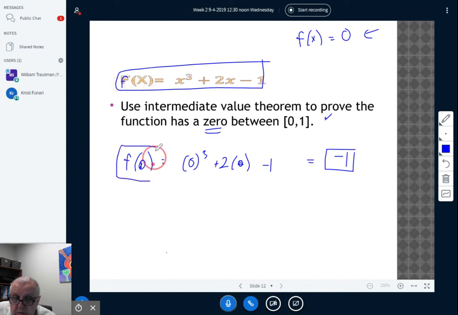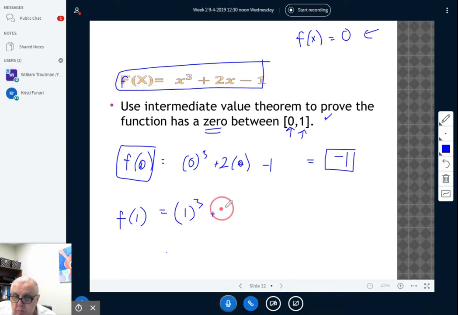So when you plug 0 in the function, you get -1. Next, we're going to plug 1 in. If I plug 1 into the function, 1 to the third plus 2 times 1 minus 1, I get 1 to the third is 1 plus 2, 1 plus 2 is 3, minus 1 is 2. Do you see my y values go from -1 to 2?